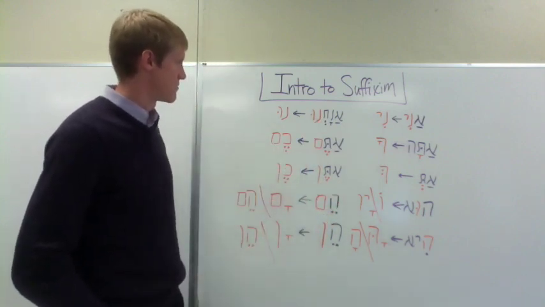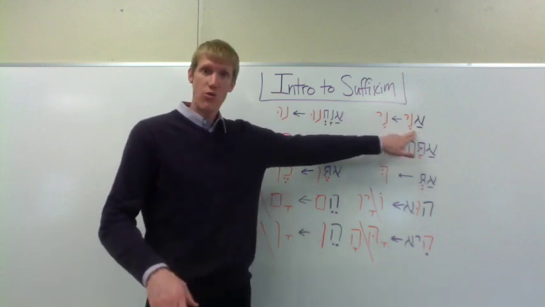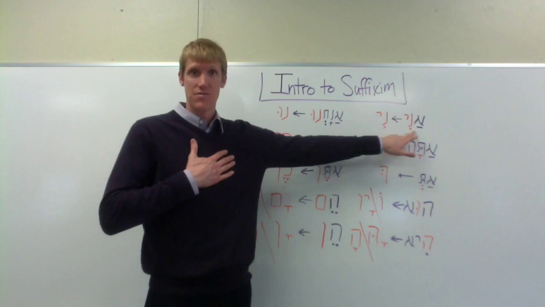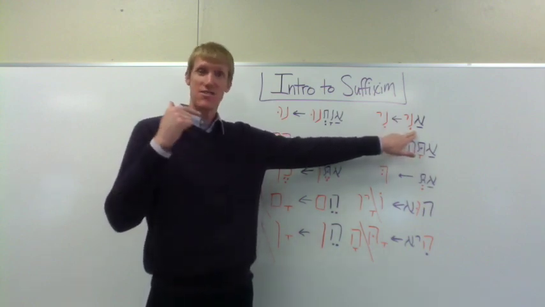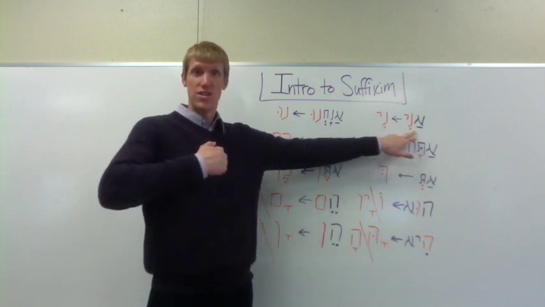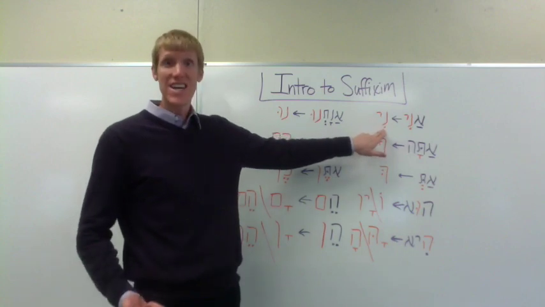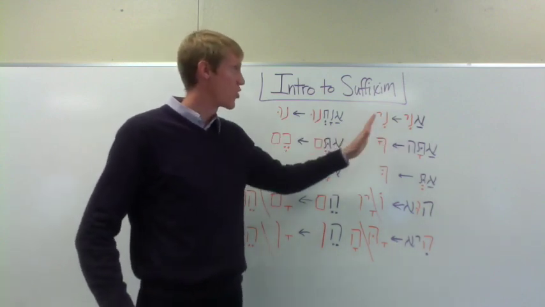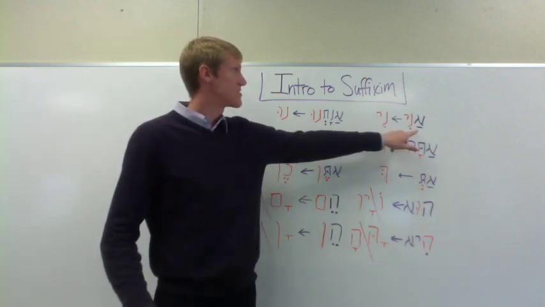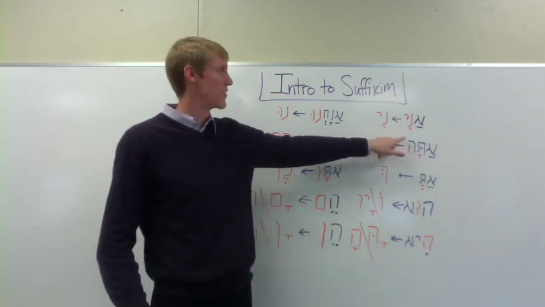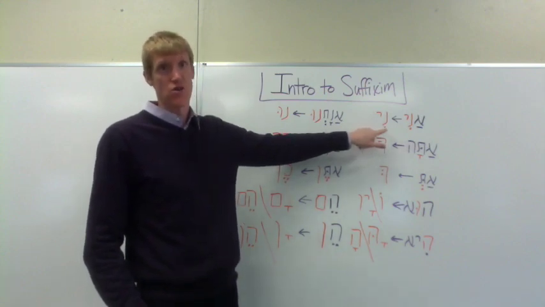But here are suffixes. So the first person common singular pronoun is ani. Ani. The contracted form, that is a suffix, which is a pronoun referring to me, is ni. Right? You can see I've color-coded this whole chart so that you can see what salient part of the pronoun is reflected in its corresponding suffix.